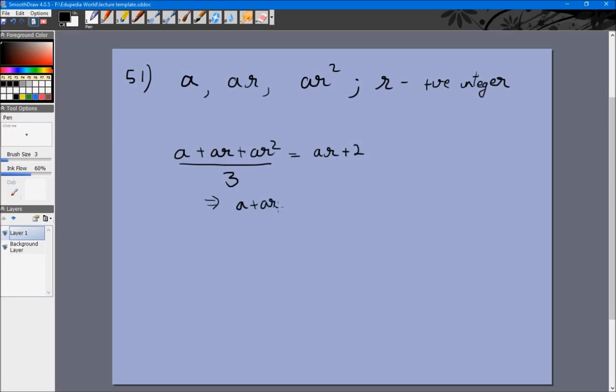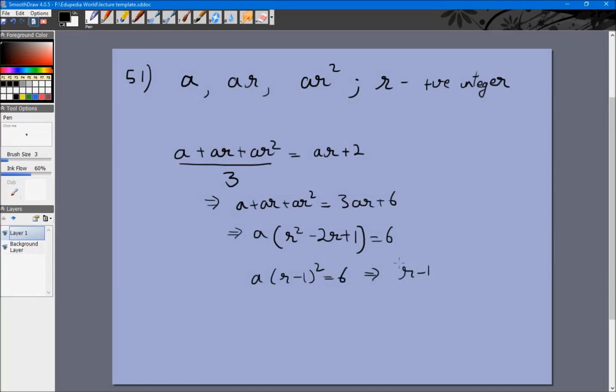A plus AR plus AR squared is equal to 3AR plus 6, which means A times R squared minus 2R plus 1 is equal to 6, which means A times R minus 1 whole squared is equal to 6, which means R minus 1 whole squared is equal to 6 by A.